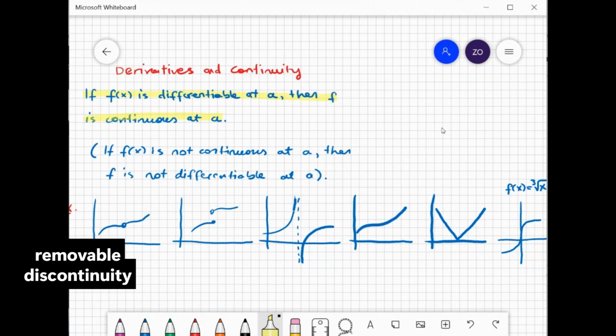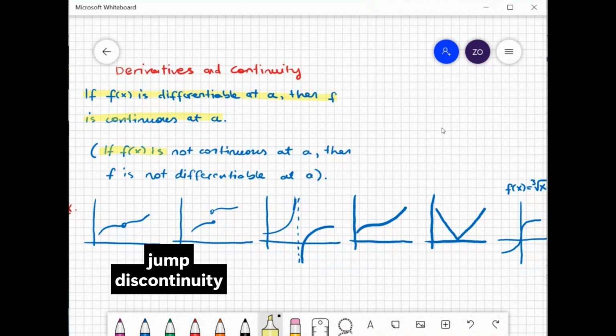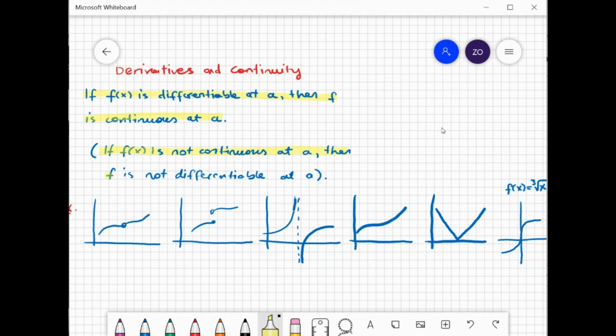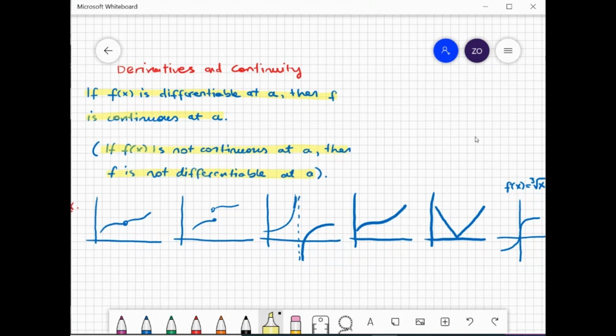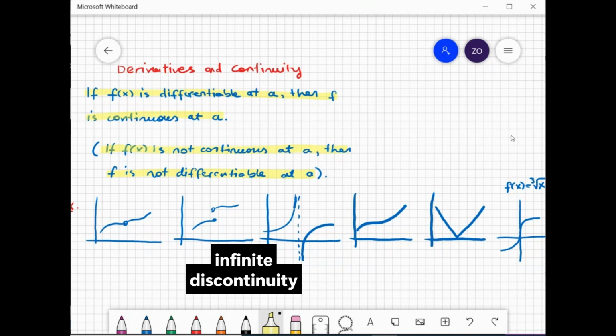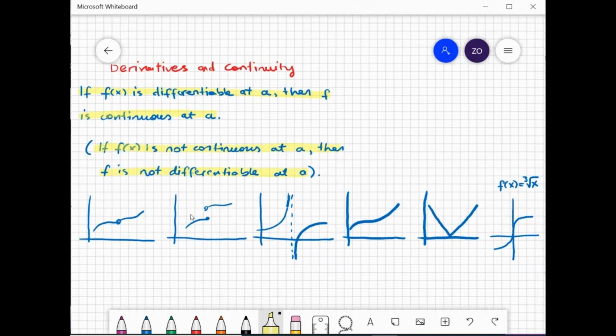And if you read this statement in the other direction, which is also correct, what we should know is that if a function is not continuous at a, then that function is not differentiable at a. So we can see how this applies to different functions.